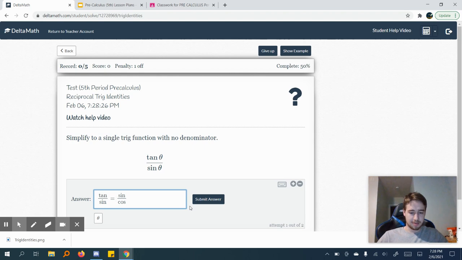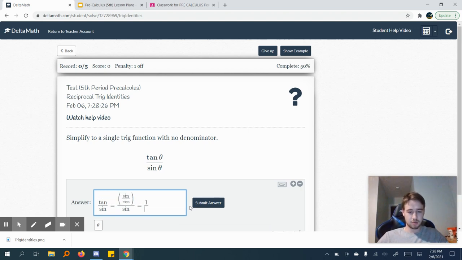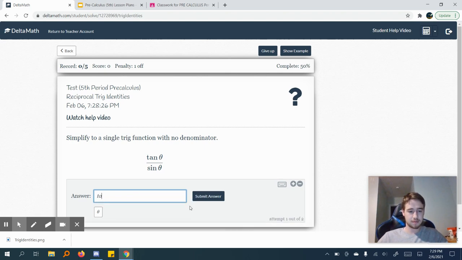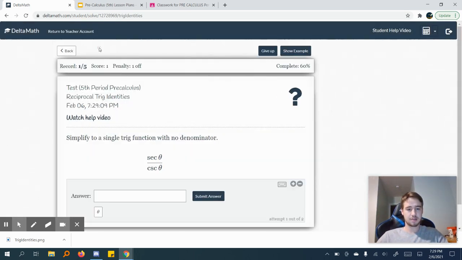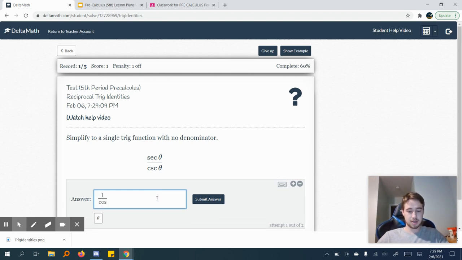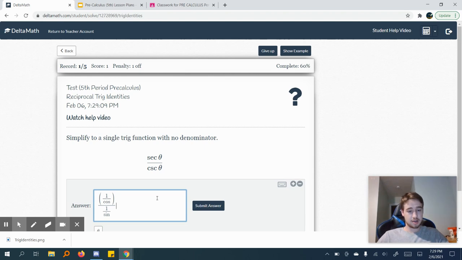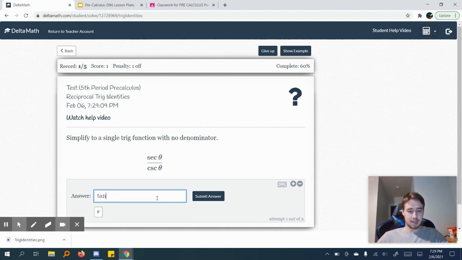You may already be ahead of me on this, but sine over sine equals 1 over cosine equals secant. We'll throw in the theta. Perfect. Secant over cosecant is 1 over cosine divided by 1 over sine equals sine over cosine, and that is tangent theta.